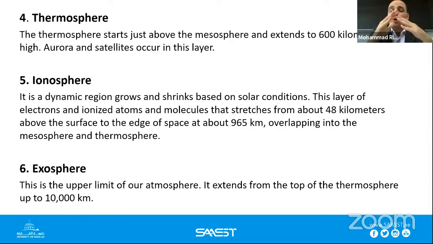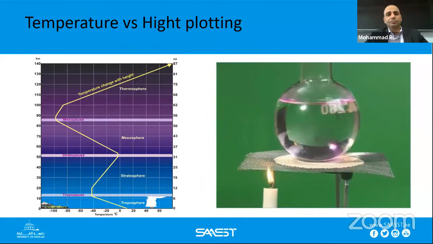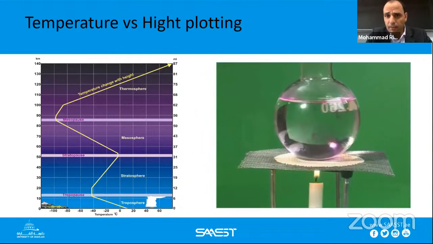We can say the ionosphere is the beginning of real space, or space as we know it. The exosphere is anything outside the Earth's atmosphere.